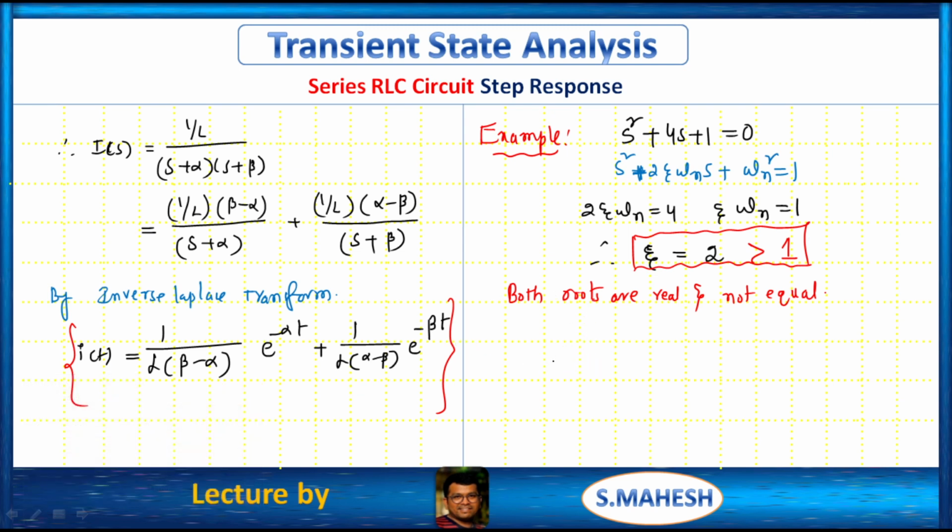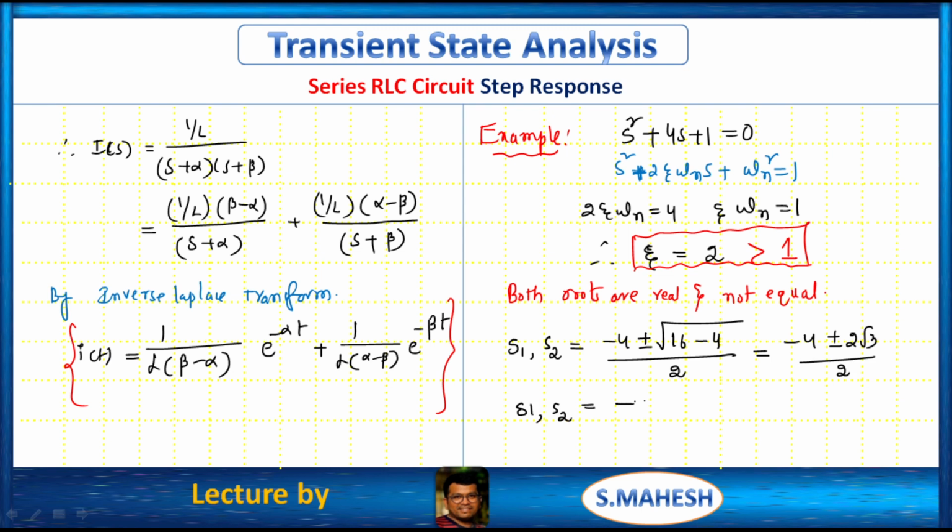The roots, let us say s1, s2, equal minus 4 plus or minus square root of 16 minus 4, by 2. From this we have minus 4 plus or minus square root of 12, which is 2 root 3, by 2. So s1, s2 equals minus 2 plus or minus root 3.